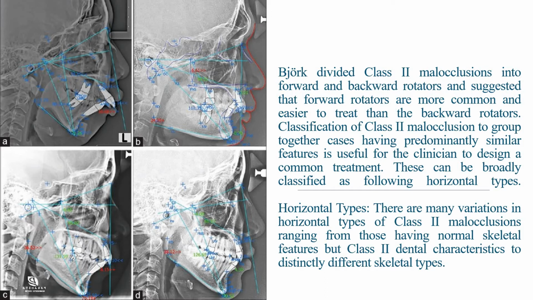Classification of class 2 malocclusion to group together cases having predominantly similar features is useful for clinicians to design a common treatment. These can be broadly classified as the following horizontal types.